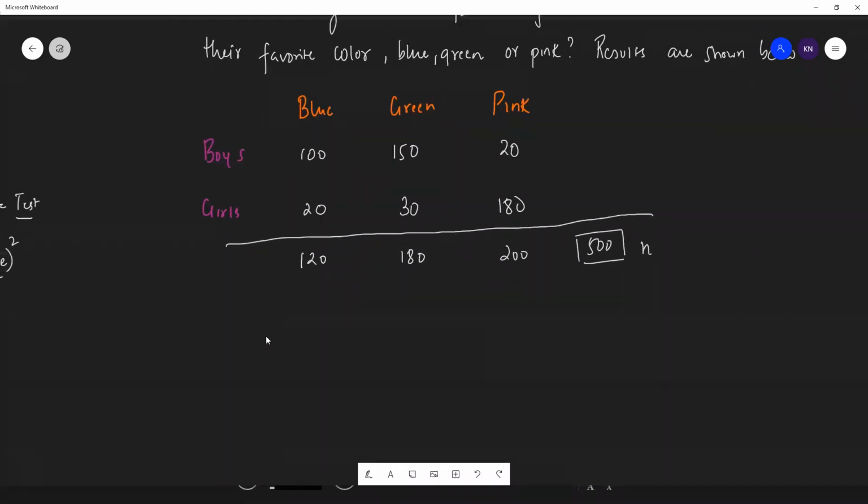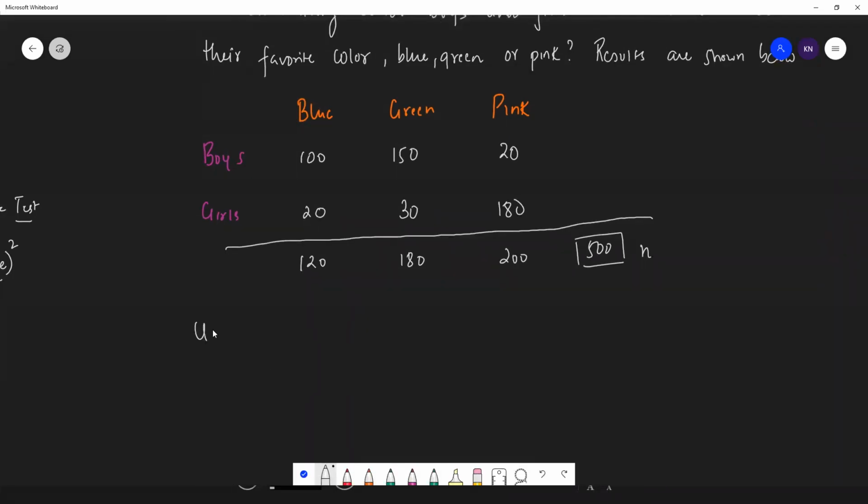Now my question is, using alpha equal to 0.05, would you conclude there is a relationship between gender and color?